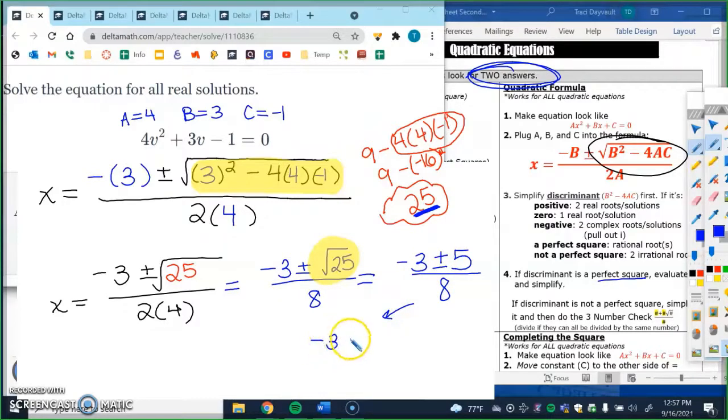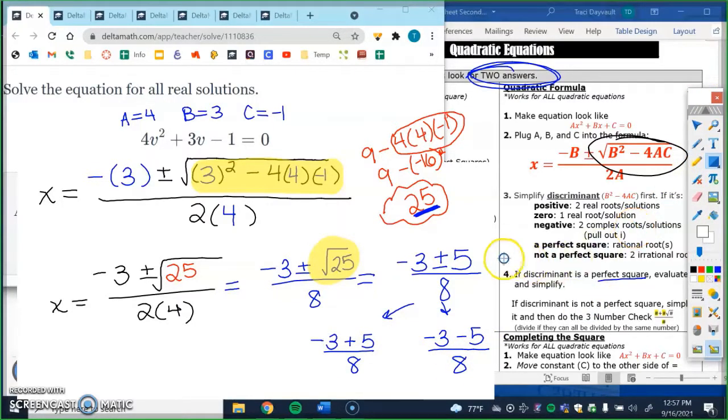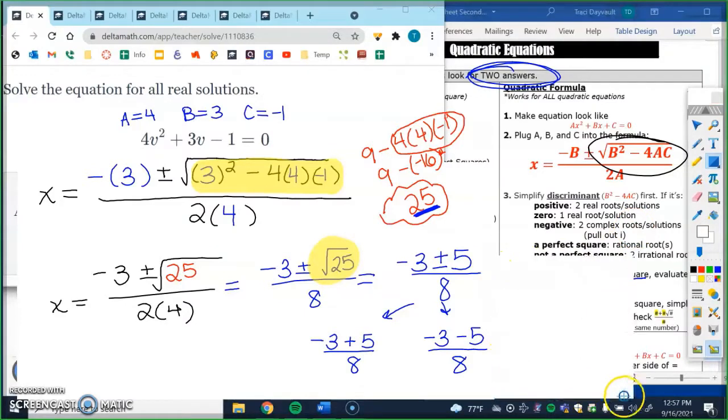We're going to do -3 plus 5 over 8. And then we're going to do one where we do -3 subtract 5 over 8. So that's what plus or minus means. That means we're going to add and subtract. And that will give us our two answers.